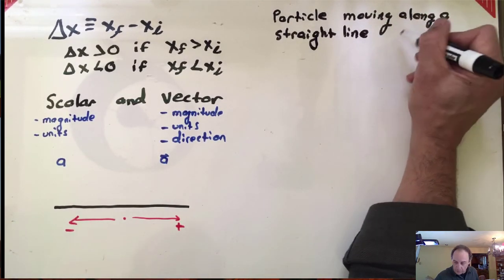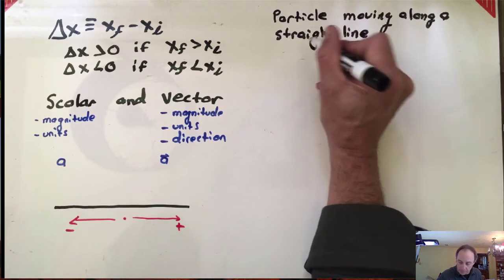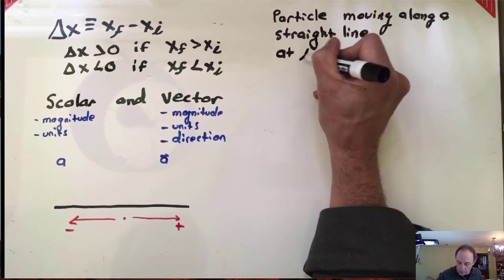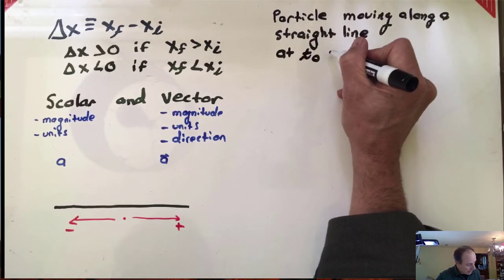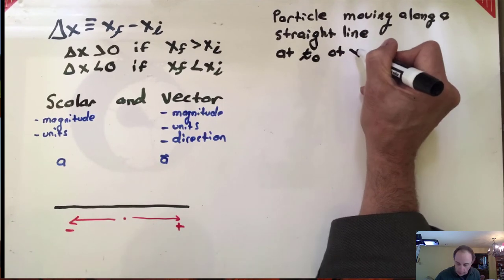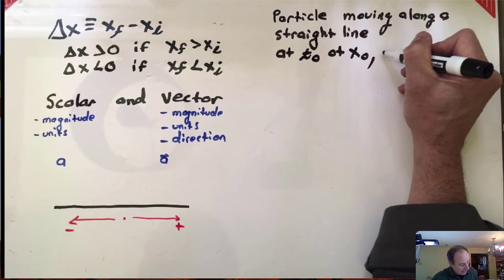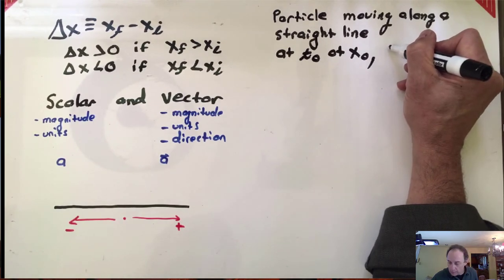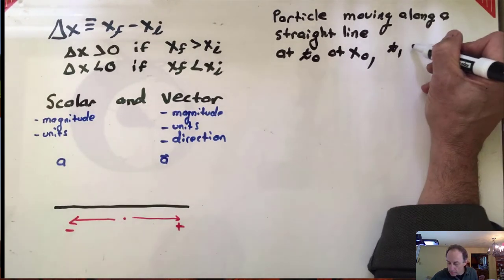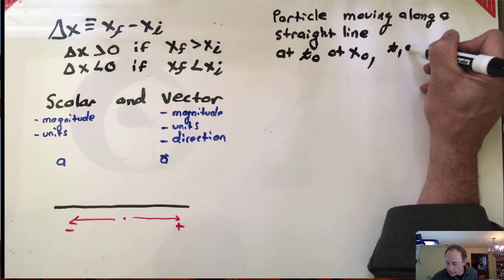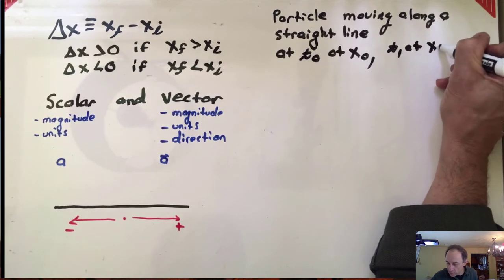At t0, it is at point x0. At t1, it is at x1, and so on.